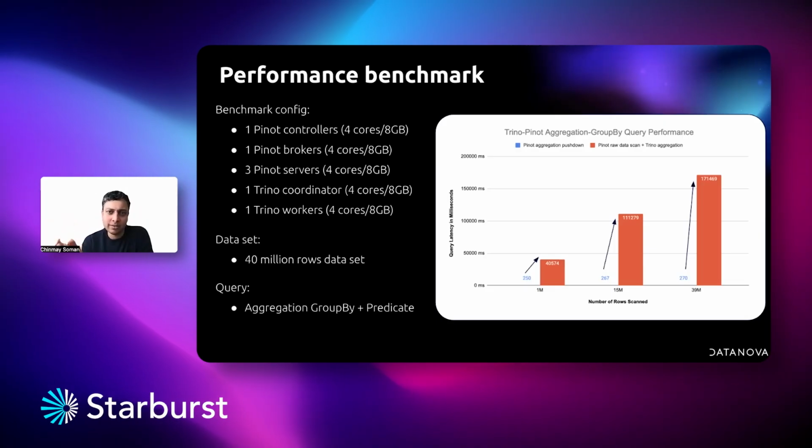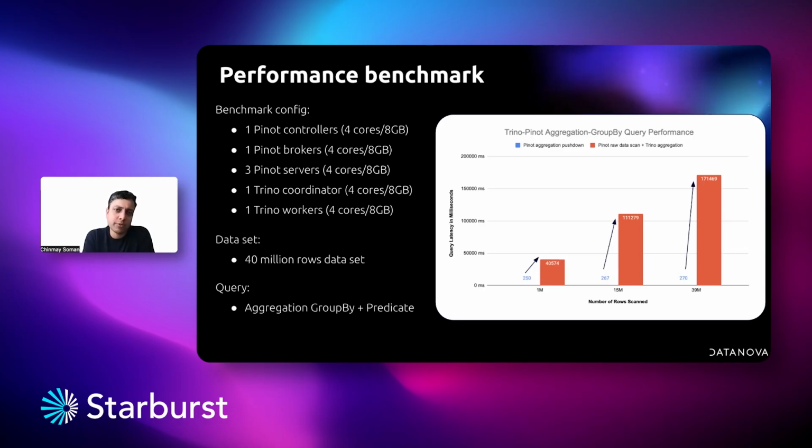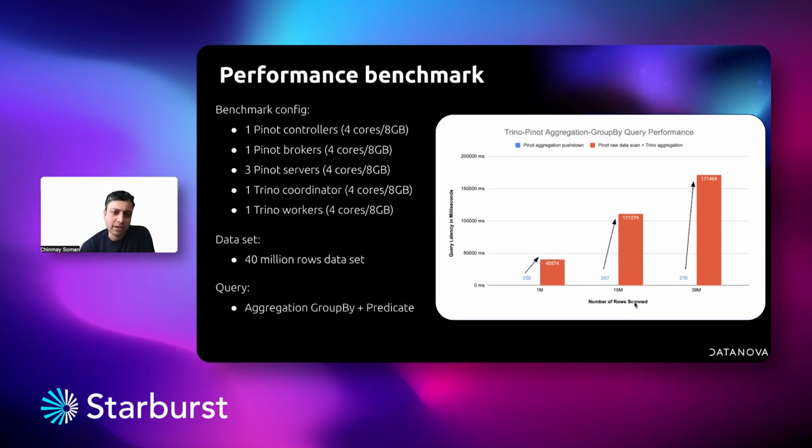And the red or the orange blocks are showing the query latency when the data is just being scanned from Pinot and then aggregation happens on the Trino side. On the x-axis is the total number of rows scanned, which is defined by the filter predicate.